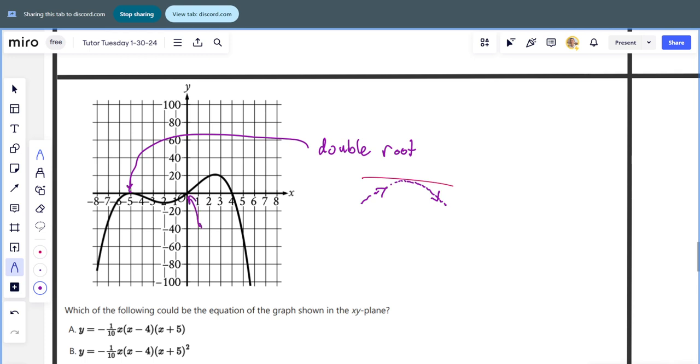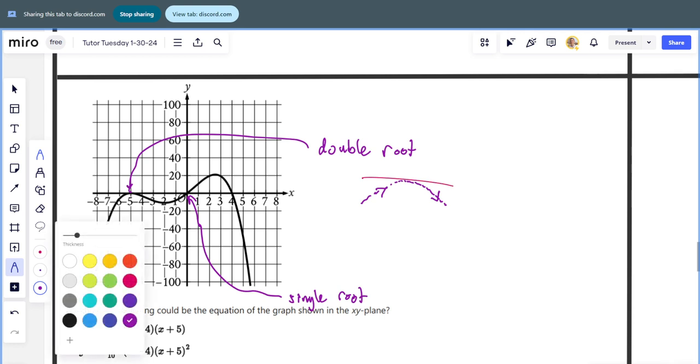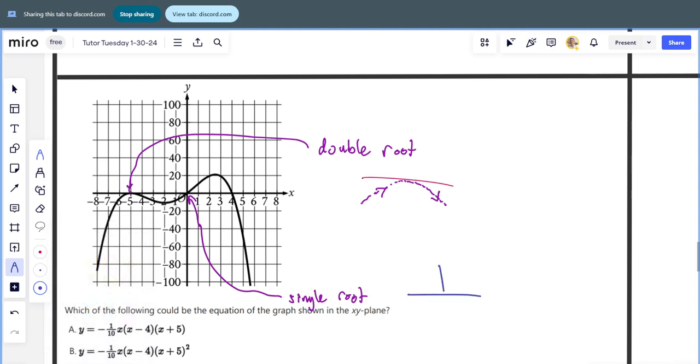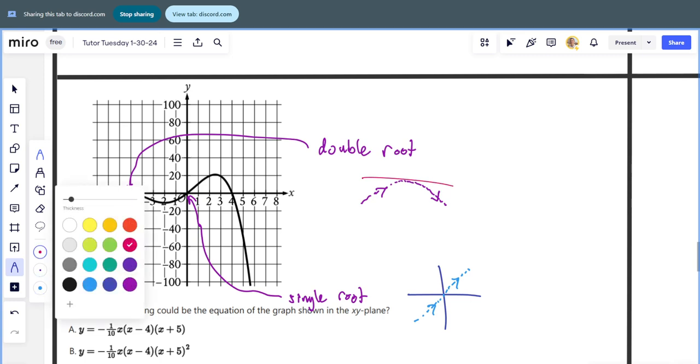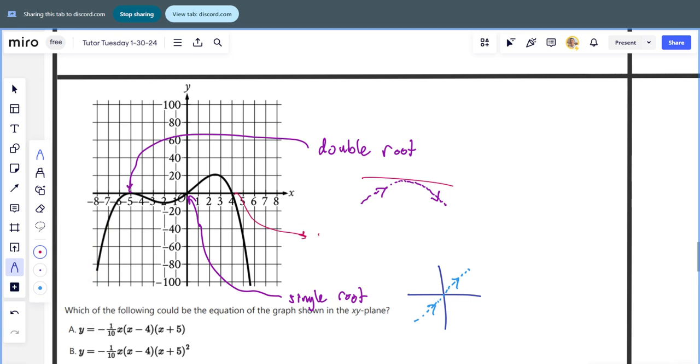Here we see a single root at x equals 0. You can see it just passes straight through. And let's check the one at 4. At 4, it looks like we also have a single root.